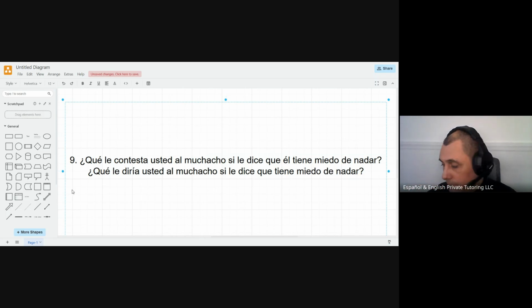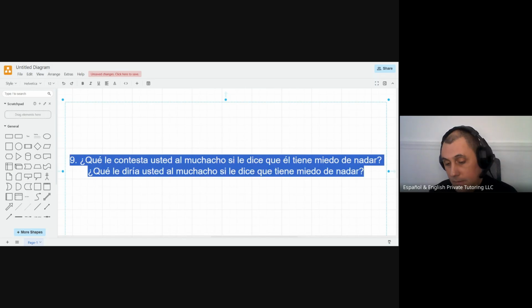Page 173, exercise 10.13. And we are going to talk here about number 4. So here you're supposed to translate from English to Spanish.